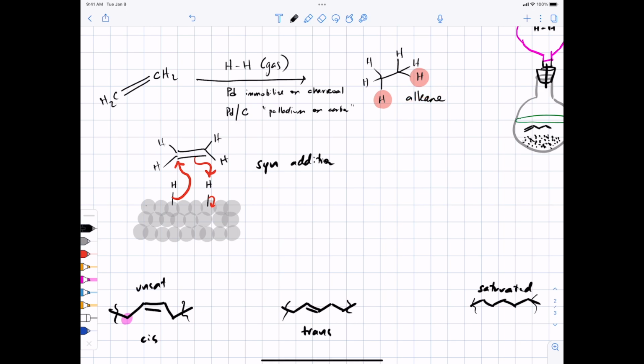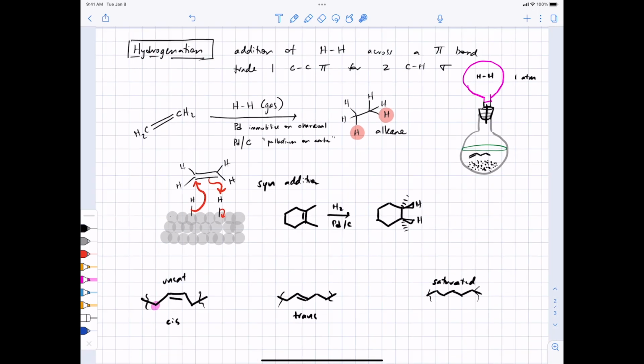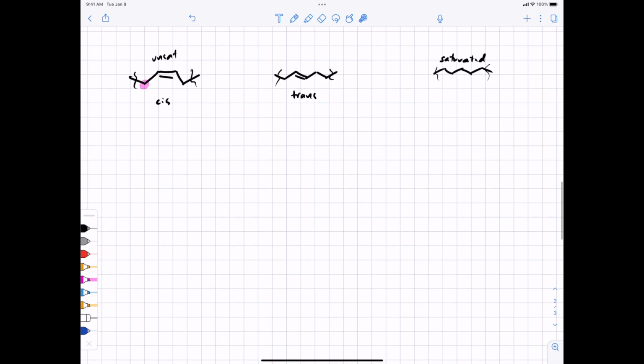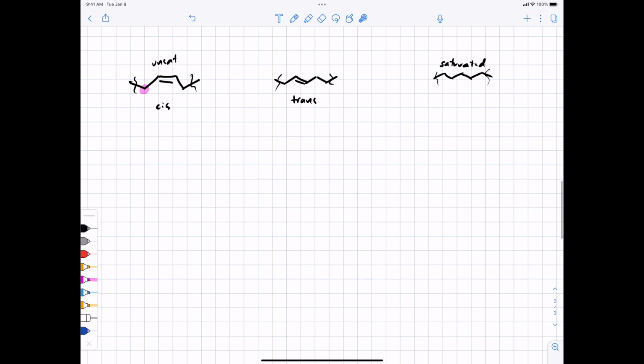If you wanted to demonstrate that, you could take a molecule like this and do catalytic hydrogenation, and you would observe that you get exclusively the cis product where the two hydrogens are on the same side of the original alkene. And that's just because it happens at the surface, and so the two hydrogens get added to the same face of the alkene. Now, if you started with an alkyne, what would happen?